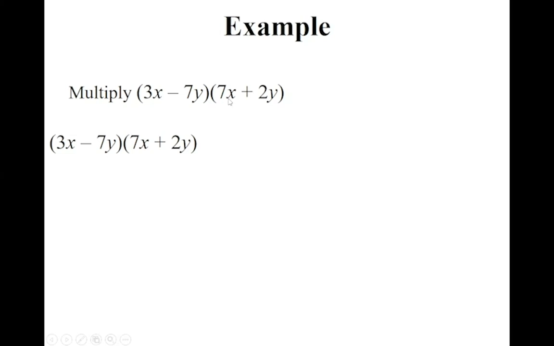If we FOIL, we do first 21x squared, outer 6xy, inner negative 49xy, last negative 14y squared. Combine our xy's, and we get a final answer.